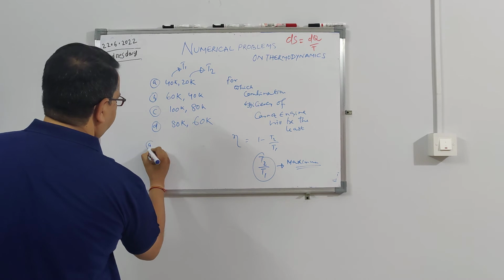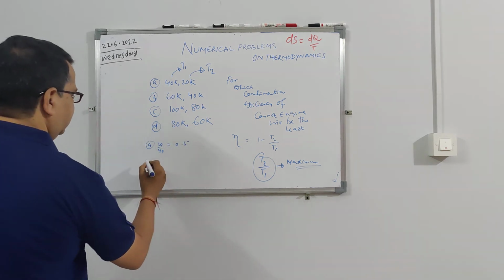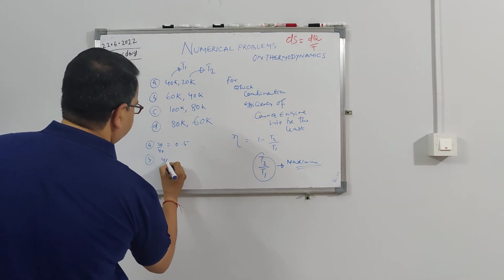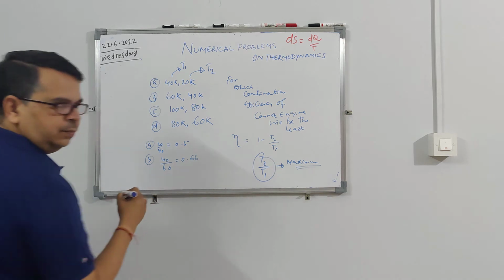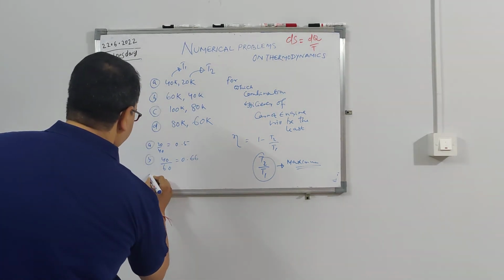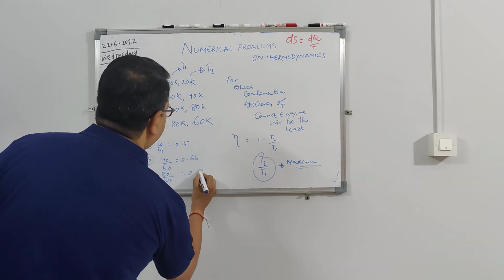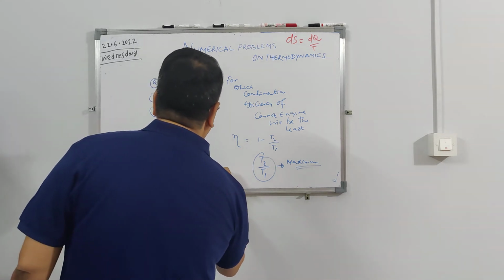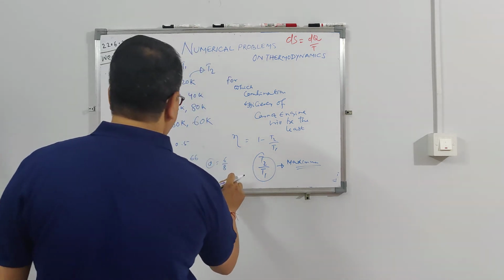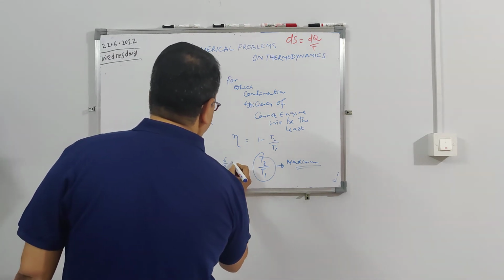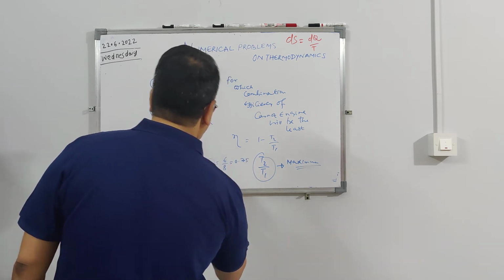For A it will be 20 by 40, which is 0.5. For B it will be 40 by 60, which is 0.66 or 2 by 3. For C it will be 80 by 100, which is 0.8. For D it will be 6 by 8, which is 0.75.